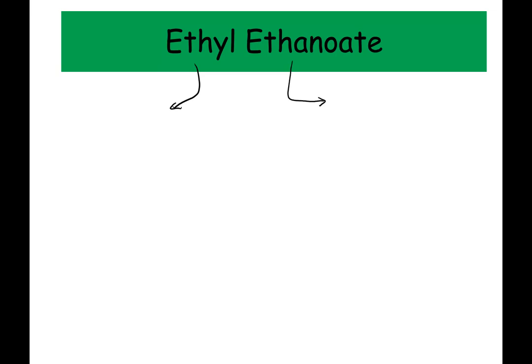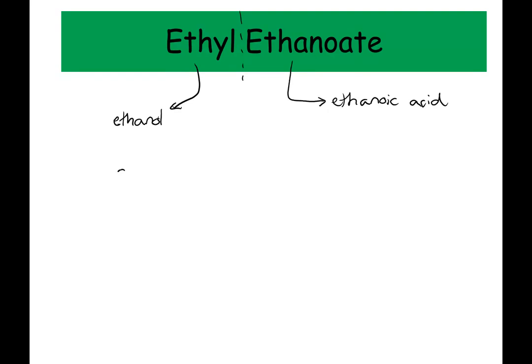Okay, so remember the first part of the name, the ethyl bit, comes from the alcohol. Okay, so if it starts with eth, that means that the corresponding alcohol must also start with eth. So it's ethanol. And for ethanoate, that part comes from the acid, so that will come from ethanoic acid. Okay, so those are the reactants.